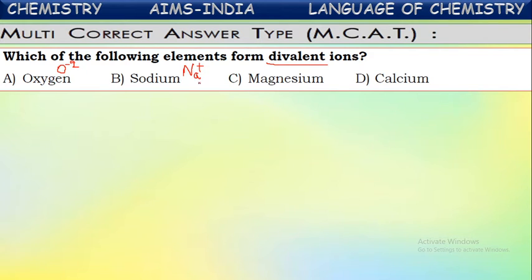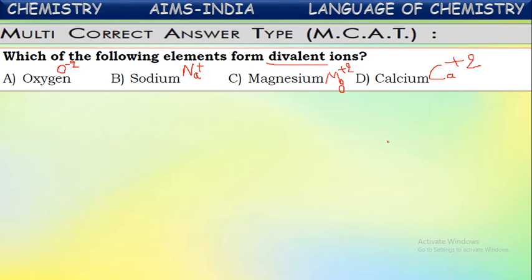So it is formed by losing only one electron, whereas oxygen ion is formed by gaining two electrons. Whereas magnesium forms an ion by losing two electrons. It is called Mg plus 2 ion. So its valency is also 2. We observe calcium. Calcium also forms an ion by losing two electrons.